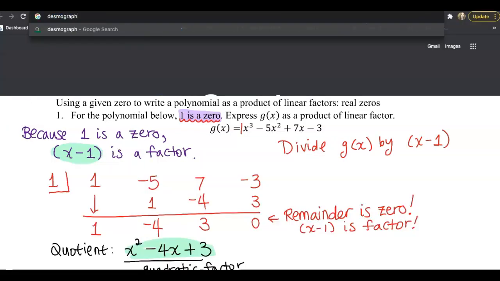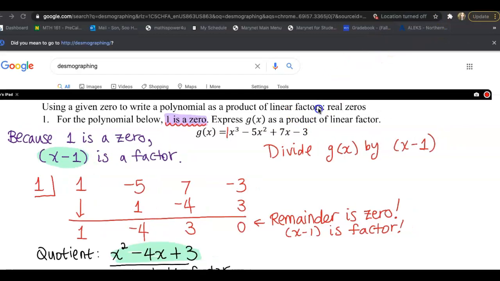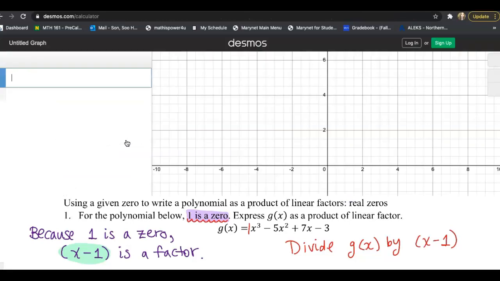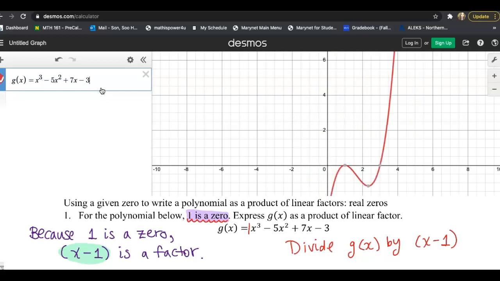So I'm going to go to the Desmos graphing calculator, and I will graph this. To know if you did this right, one way of checking your answer is graphing the original function and graphing the one that we wrote after breaking it down.